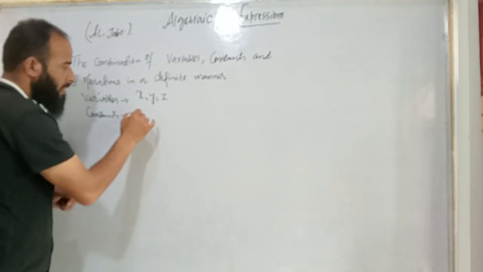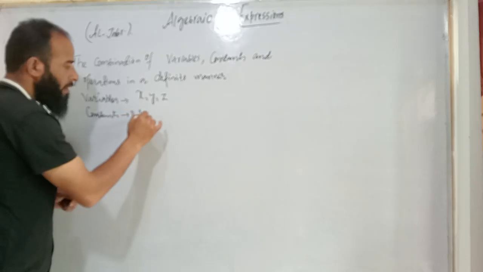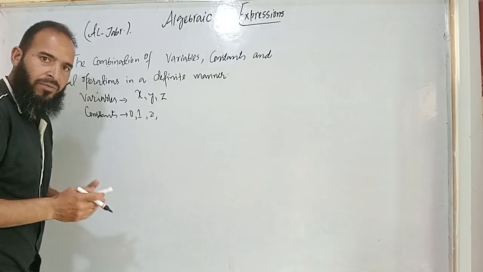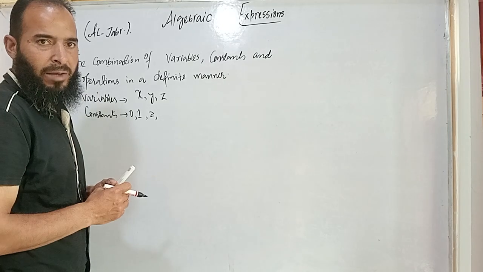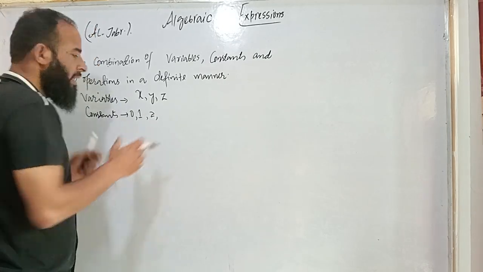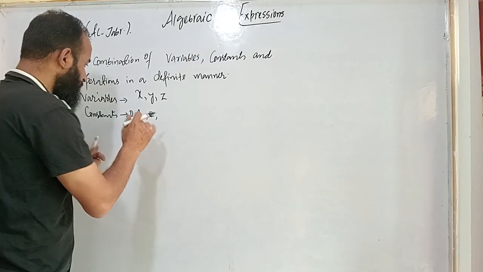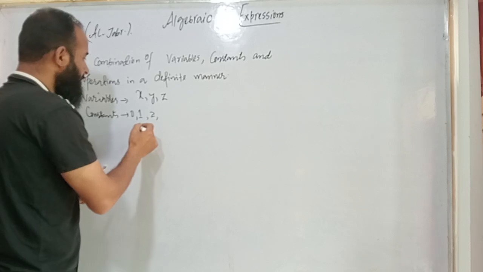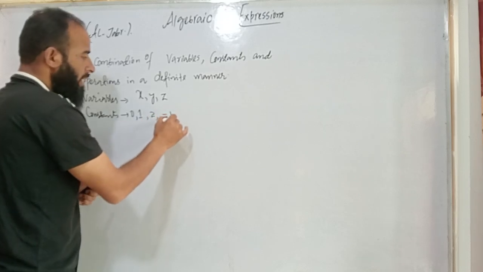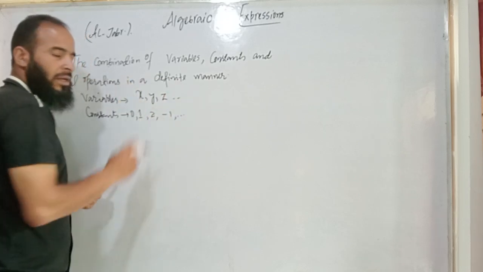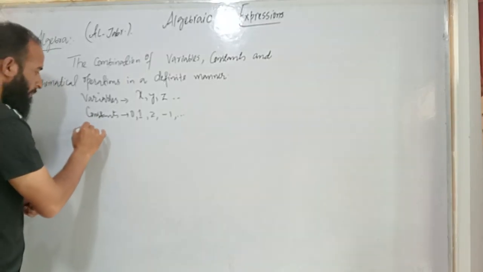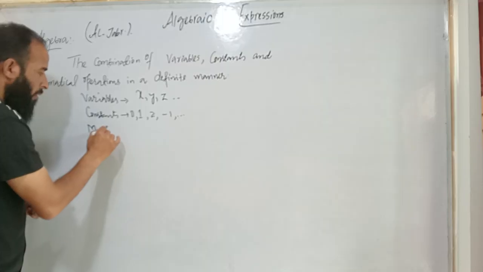Constants are, that means, 0, 1, 2, our natural numbers or integers, whatever type of numbers we have, we can take them as constants. Later on we will discuss the definitions of these also. 0, 1, 2 or minus 1, and so on, these are called the constants. And we have mathematical operations.